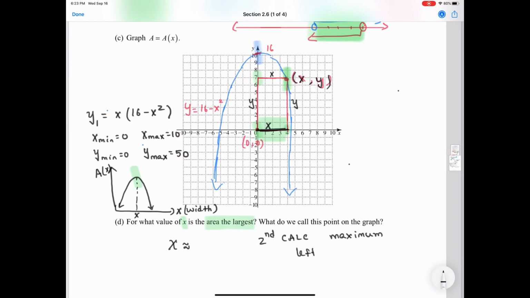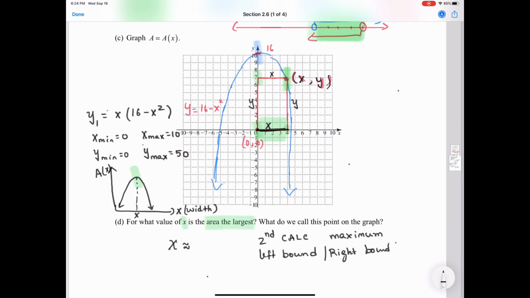Again, what you can do is use your calculator, use second calc, then use the maximum option that you see. For the left bound, move your cursor to the left side of the point that you are looking for. Then go to right bound, move it to the right side.